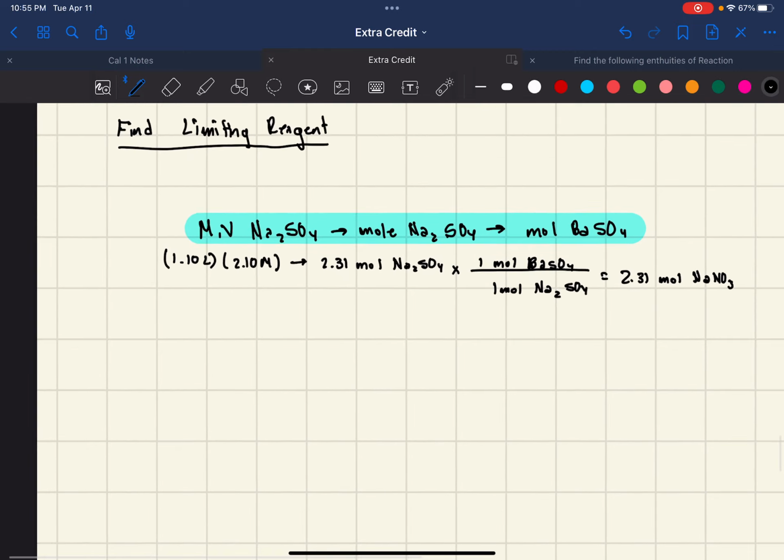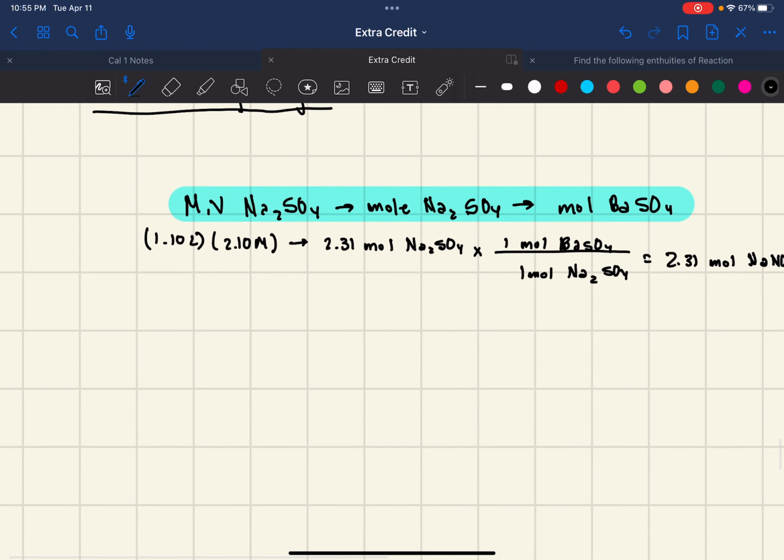All right, the next one is going to be M1 V1 of Ba(NO3)2 to moles Ba(NO3)2 to moles BaSO4.